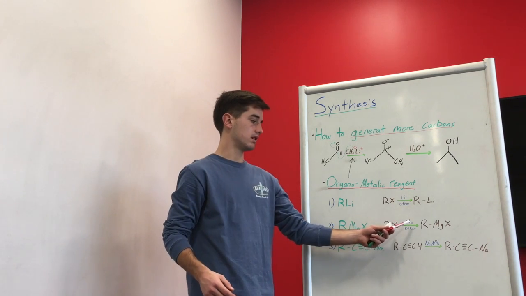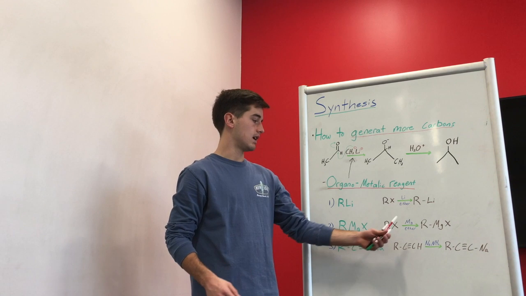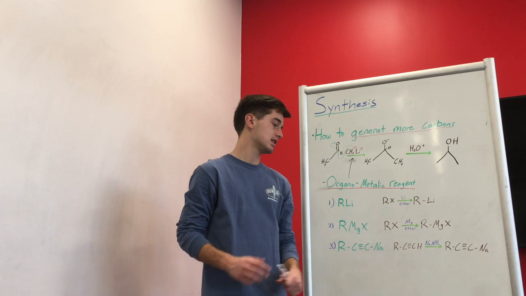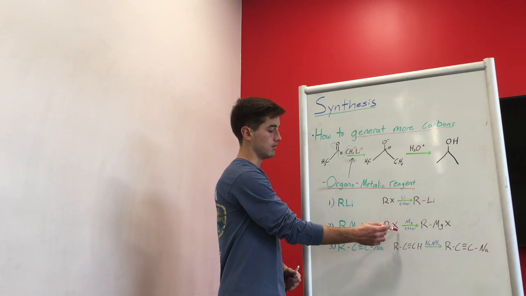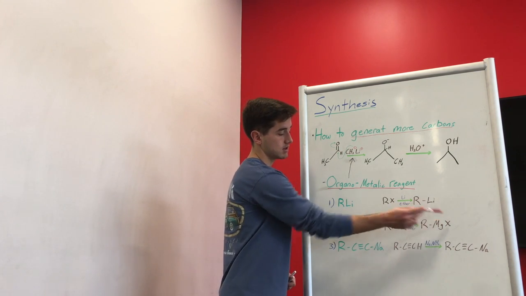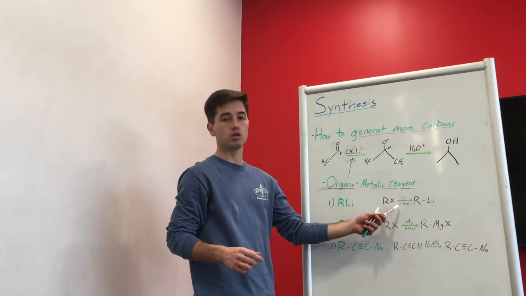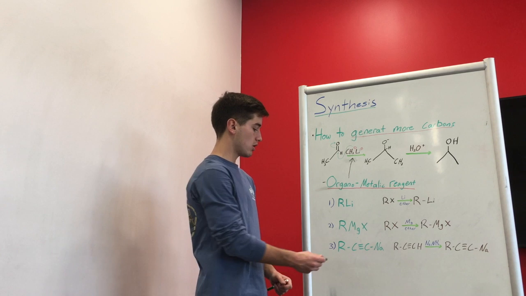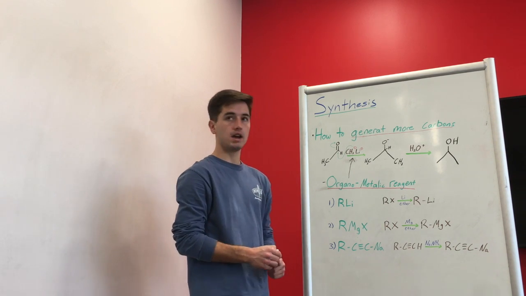You react it with magnesium and ether, and that produces an R group with a magnesium, and the halogen actually stays this time, unlike up here where it is expelled and replaced with the lithium.